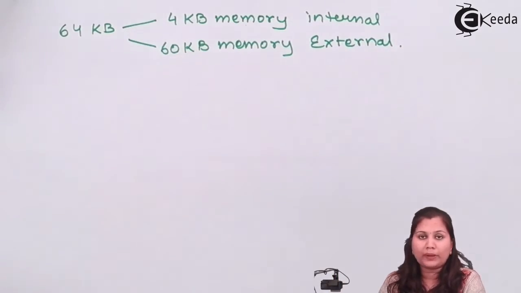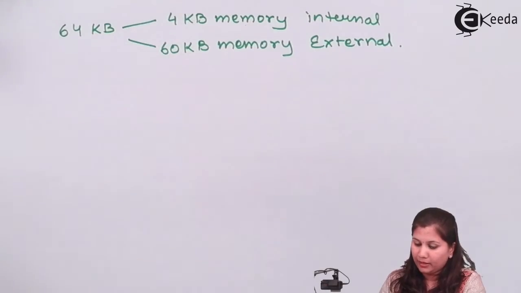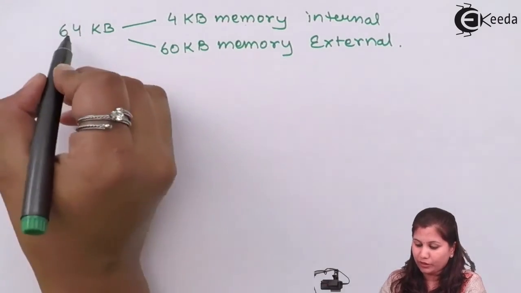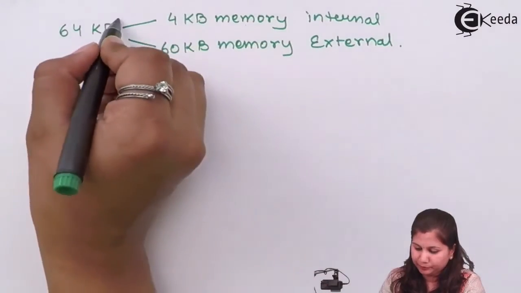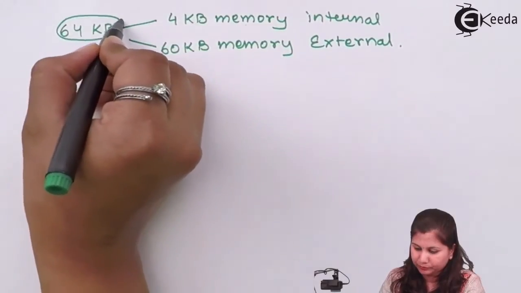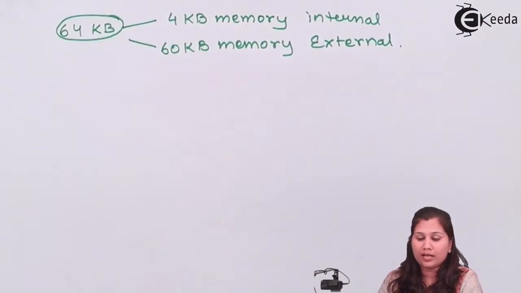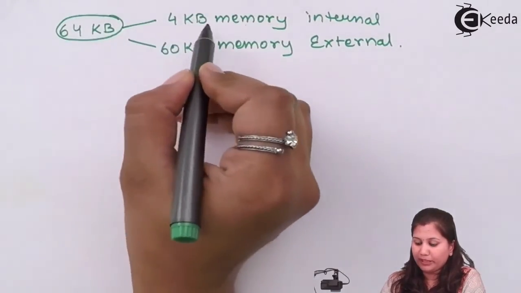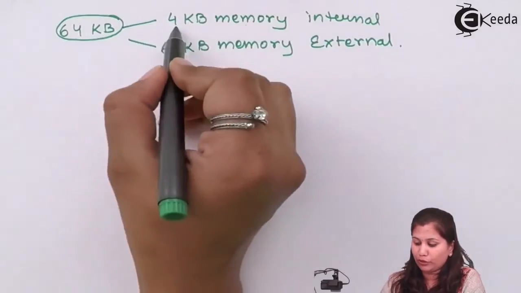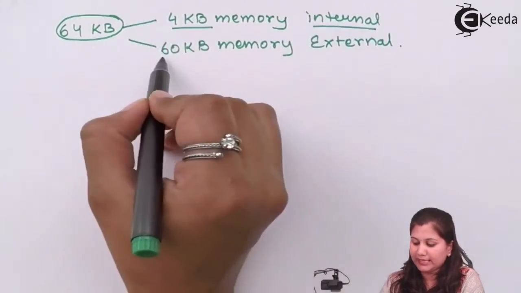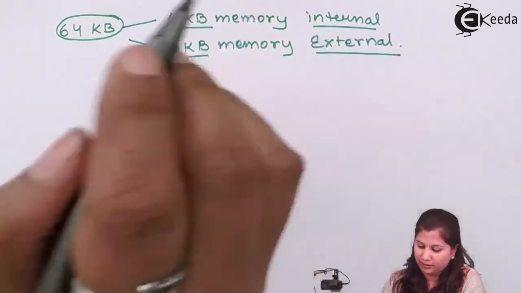So when this PSEN signal is made high, then this 64 kilobytes of memory will be divided into two. 4 kilobytes will be internal and 60 kilobytes will be external.